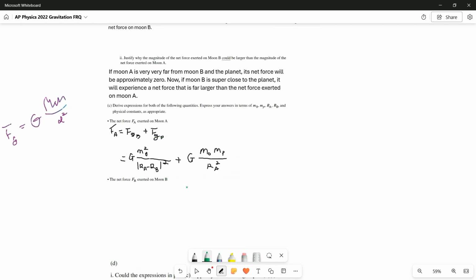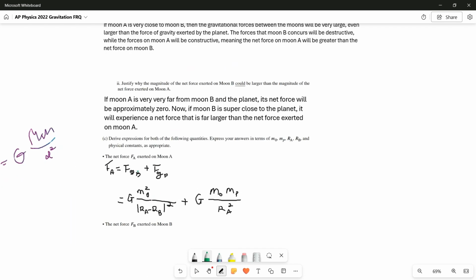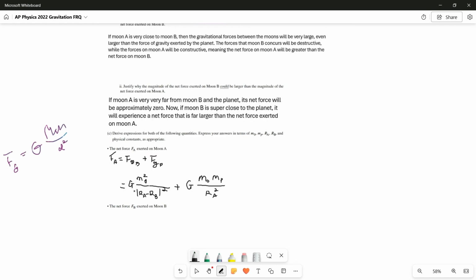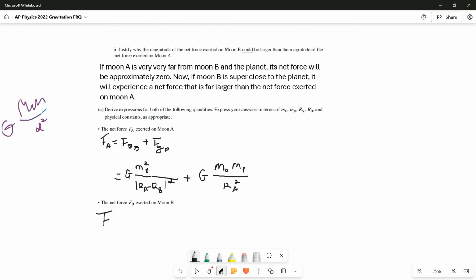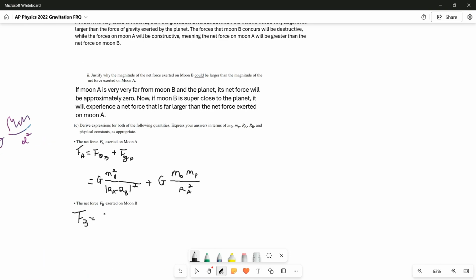All right. Now, to deal with our second part, the net force FB exerted on Moon B, we should realize that due to Newton's third law, FGB is really the same as FGA. So FB is equal to, we know that in theory the planet should win, so let's just put FGP in front.